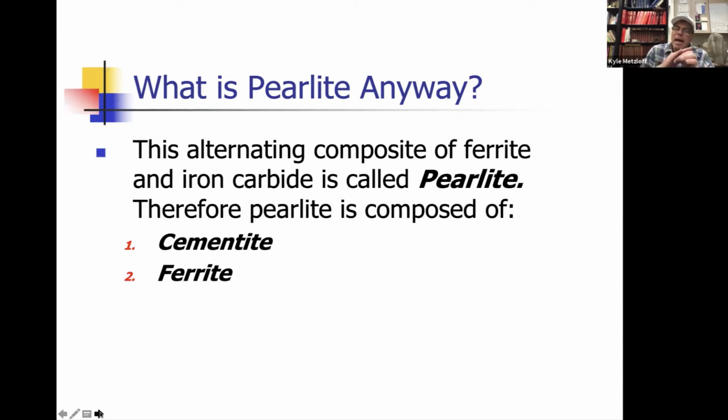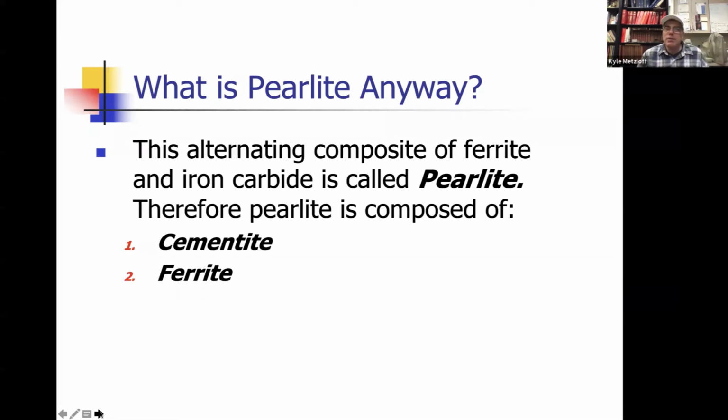But if you take some acid, like a very small concentration of nitric acid, and put it on the surface, it eats away the cementite a little bit. So now we have dark spaces where those little lines are. And that little grating, with the lines evenly spaced, will actually diffract light. It looks like mother of pearl, like on the inside of an oyster shell. So that's why it's called perlite.